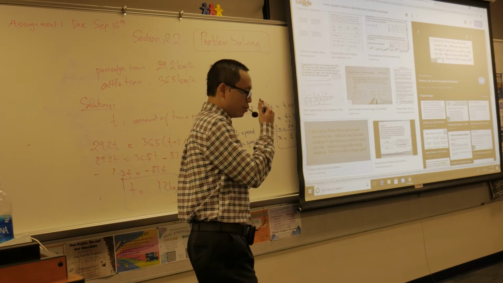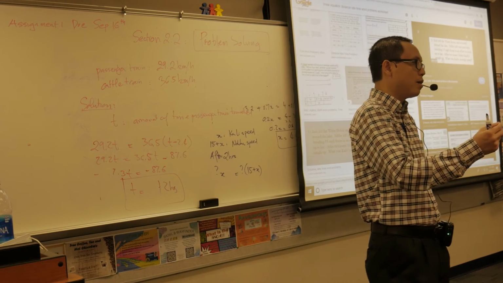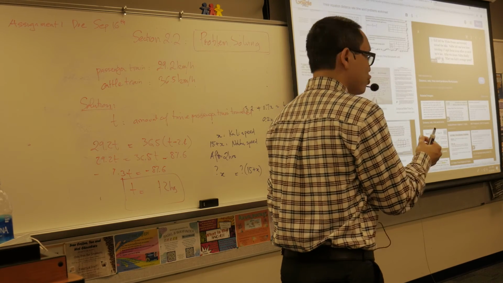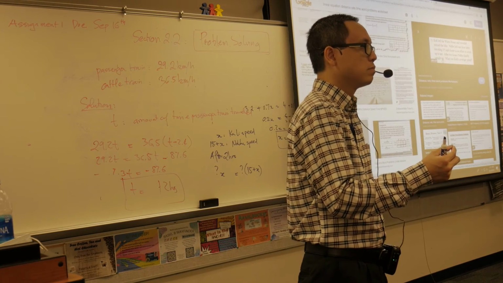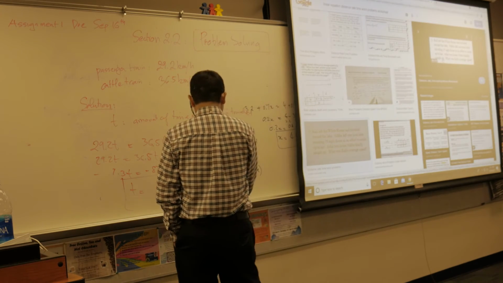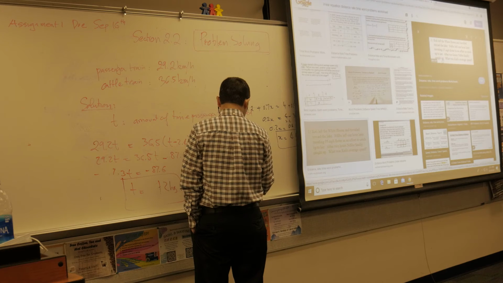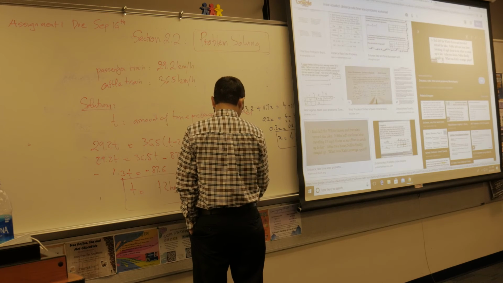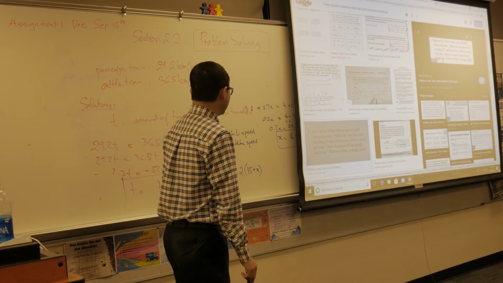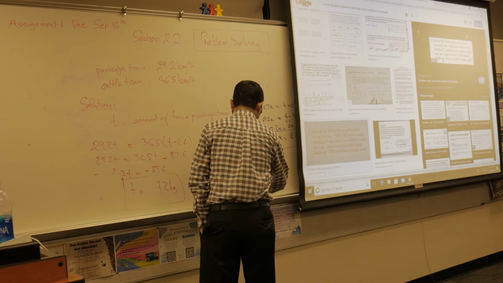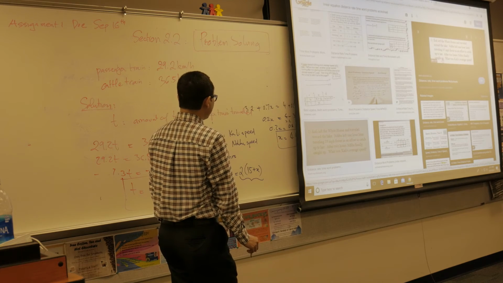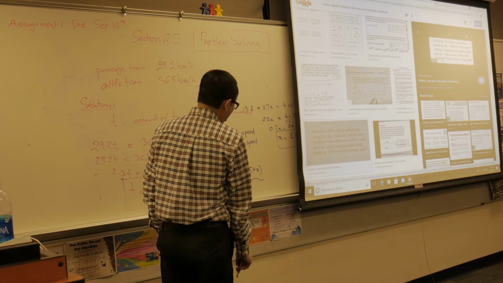So 2 hours later is the amount of time Niba is traveling. This is the amount of time Niba is traveling. So it should be 2 over here. 2 hours, this is the distance Niba travels.